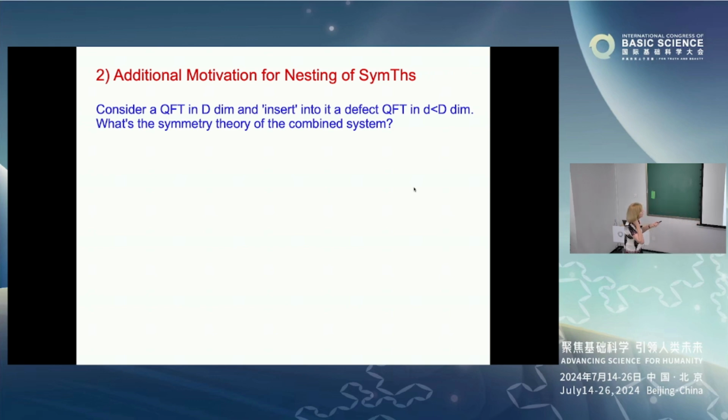And this is via the introduction of defect quantum field theories. Say we have an original capital D dimensional quantum field theory, and we insert into it a defect quantum field theory in smaller dimensions than capital D. And the question you would want to ask yourself in this context is, what is the symmetry theory of the combined system?